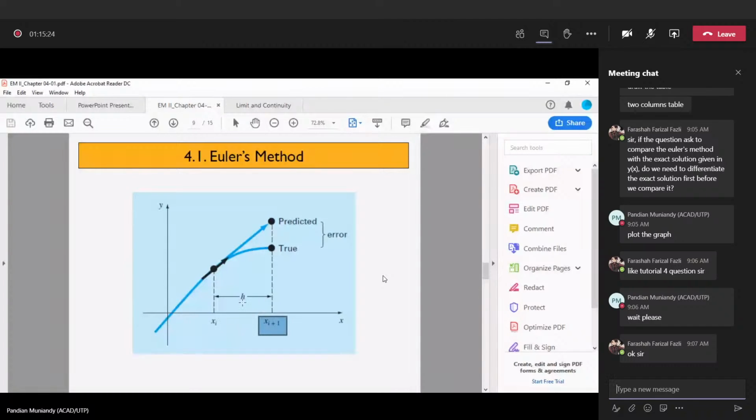So you have H. Normally you start with X naught. X naught, this fellow is Y naught. X naught, Y naught. This one, X1, this is Y1 here. Like that.